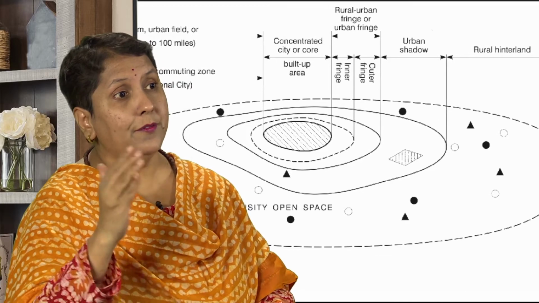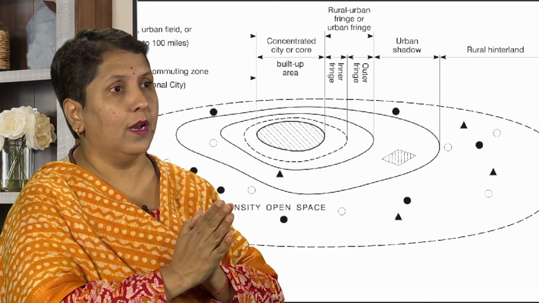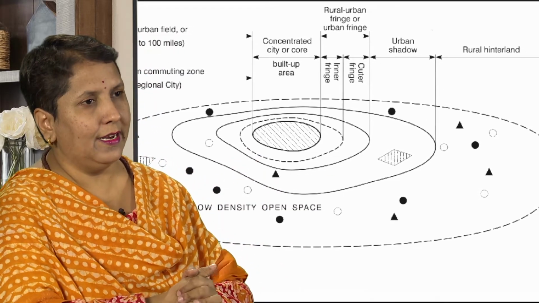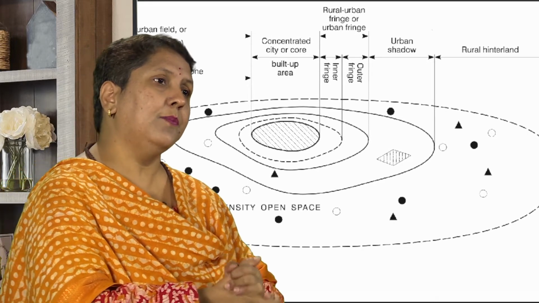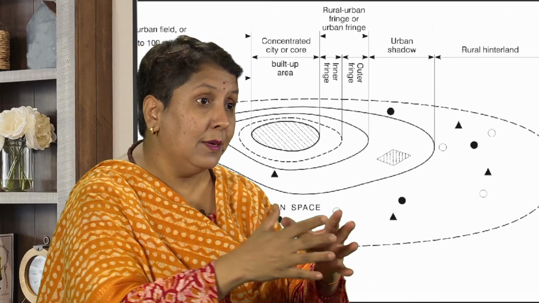The rural-urban fringe is the boundary zone outside the urban area where rural and urban land uses amalgamate. It is the area where the city meets the countryside. Beautiful phrase, isn't it? It is an area of transition from agricultural and other rural land uses to urban use.